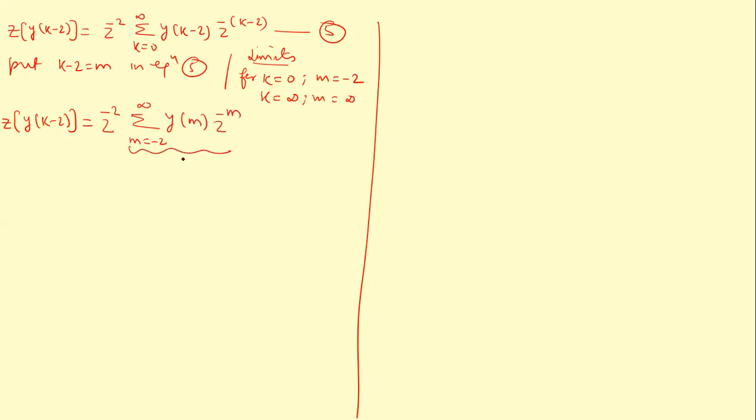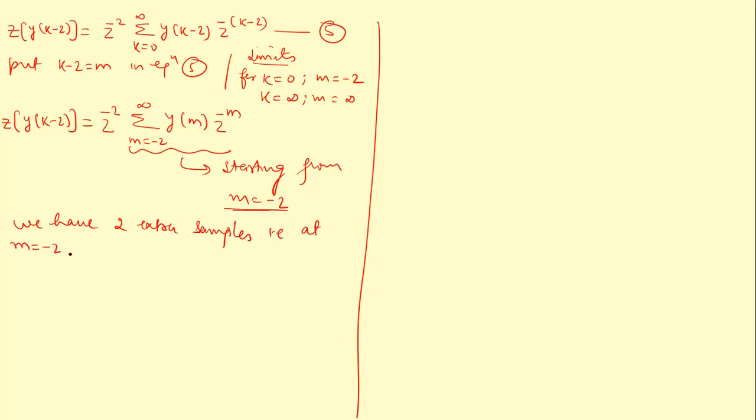Now this summation is starting from m is equal to minus 2. So we have two extra samples here, that is at m is equal to minus 2 and m is equal to minus 1 in this equation.